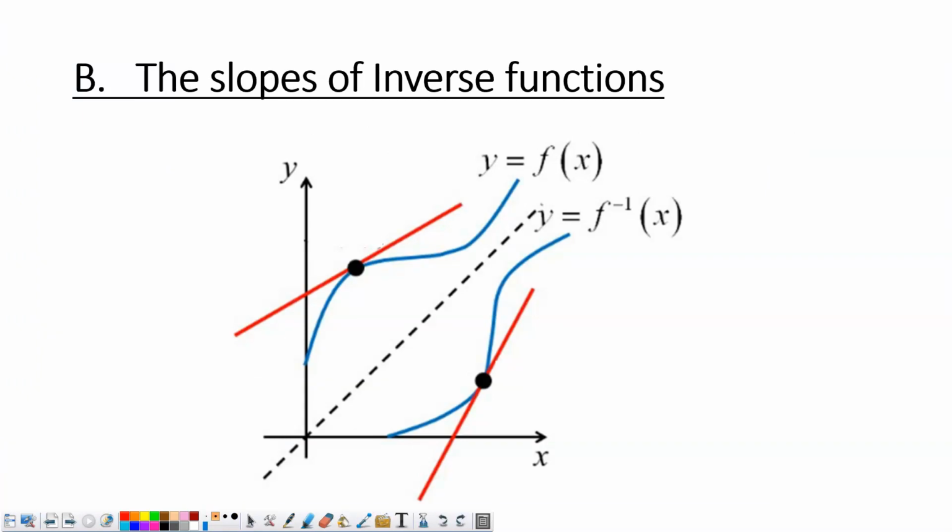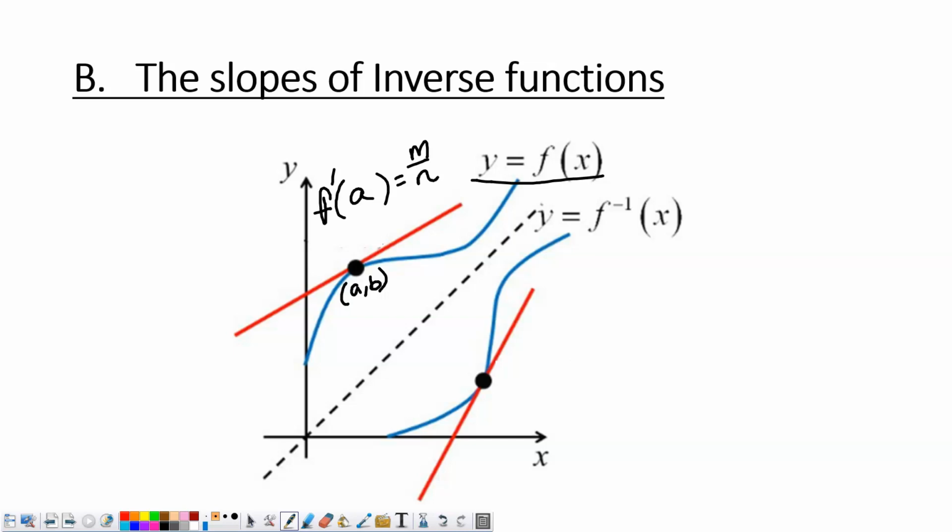All right, so here it is. What we've already discovered about the slopes of inverse functions is that, okay, so let's say that this top red line here is f of x, right? So that means the slope at this point here, let's call this point (a, b), the slope at x equals a, let's say it's going to be, I'm just going to make up some letters here, m over n, okay?